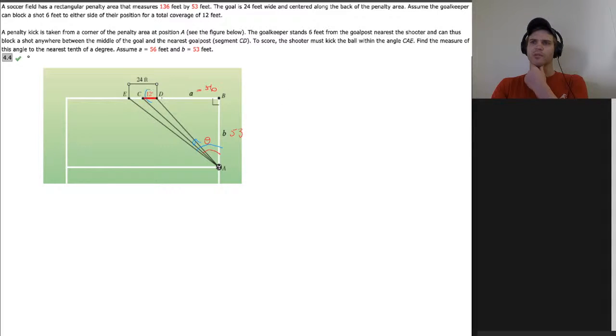If the goal is 24 feet wide and CD is 12, that means EC is also 12.